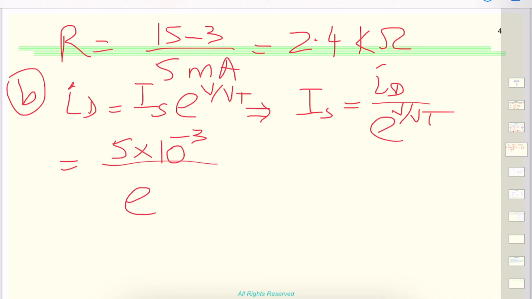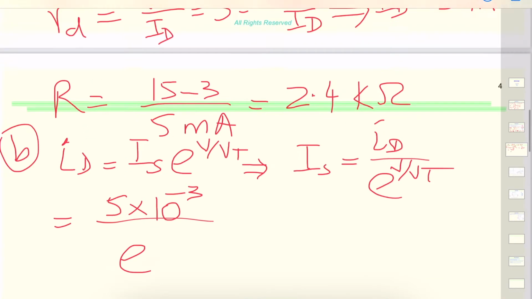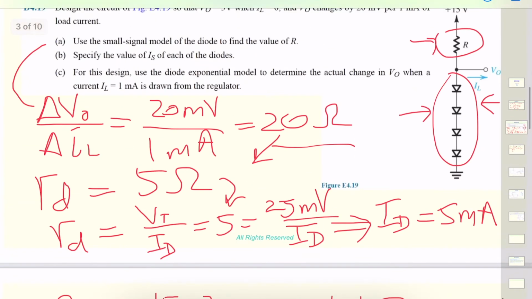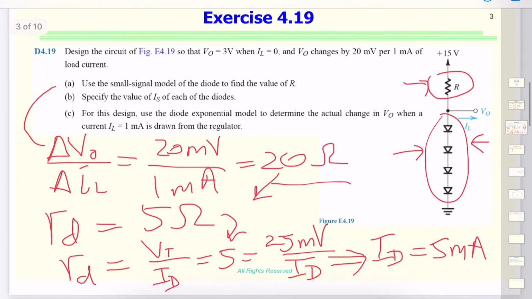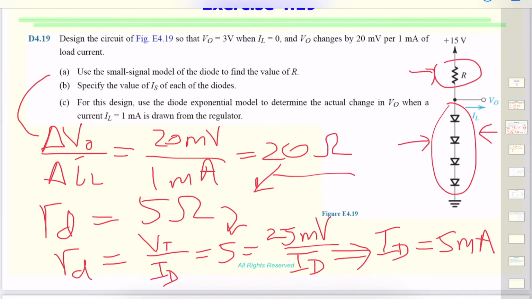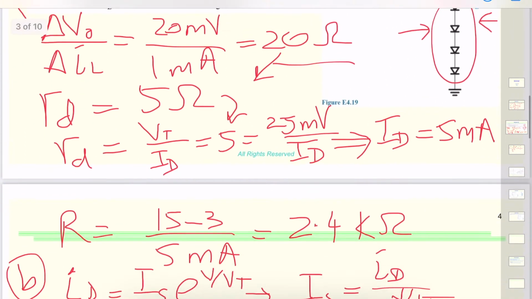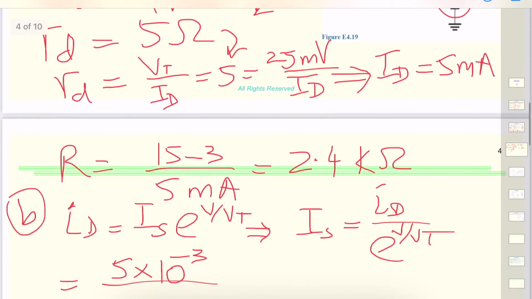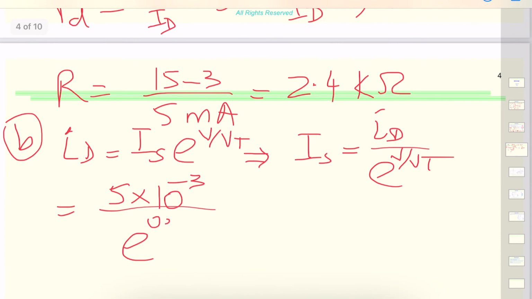And e to the power, the voltage we are using here for the second question is 0.7 for turning it on, divided by the threshold, which is 0.025, 25 millivolt.